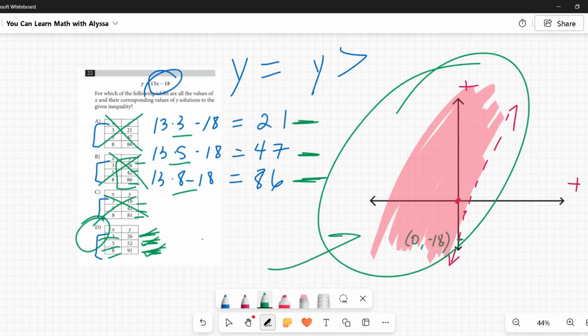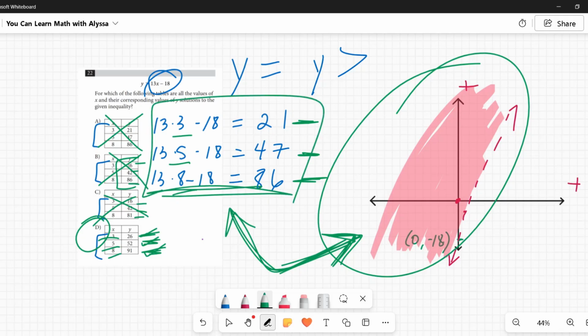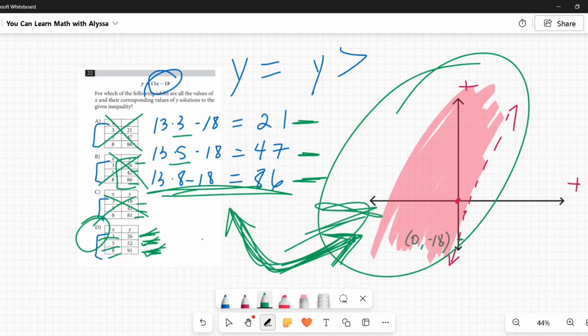So if this was the only way you felt comfortable that you would get the right answer, by all means, do it this way. If you're like, oh, I can do it both ways, but I think this way is faster, then do it that way. If you can do it both ways and you think this way is faster, do it that way.